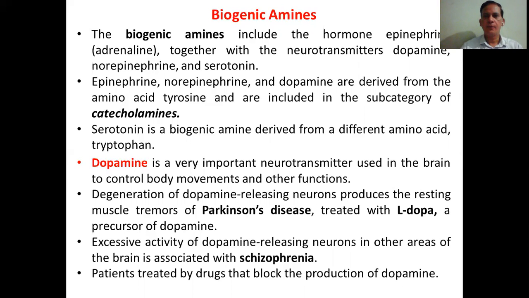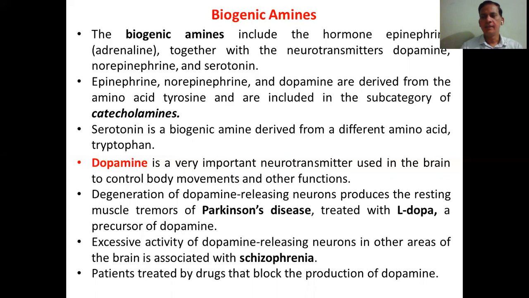Dopamine is a very important neurotransmitter in the brain and it controls body movements and other functions as well. Now, the degeneration of dopamine releasing neurons produces Parkinson's disease, which is characterized by muscle tremors.